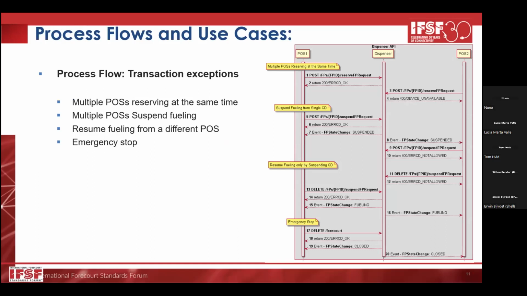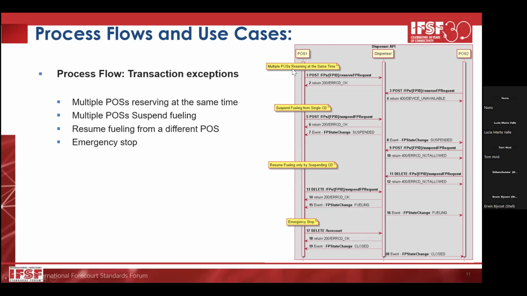Here, in these exceptions that we're covering, what we will include is more than one POS trying to reserve at the same time, multiple POS trying to suspend a fueling, or a controlling device trying to resume a fueling position suspended from another POS, and the emergency stop.